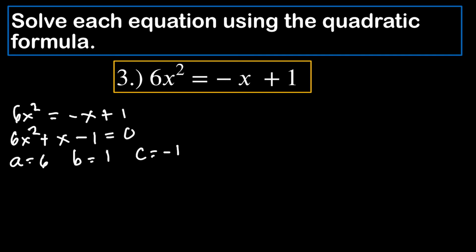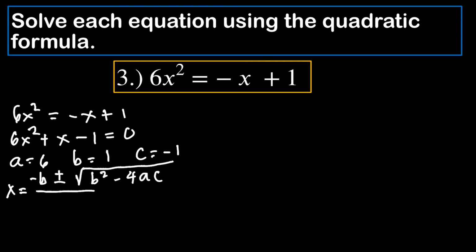Substituting these values to the formula, we have x equals negative b plus and minus the square root of b squared minus 4ac divided by 2a.